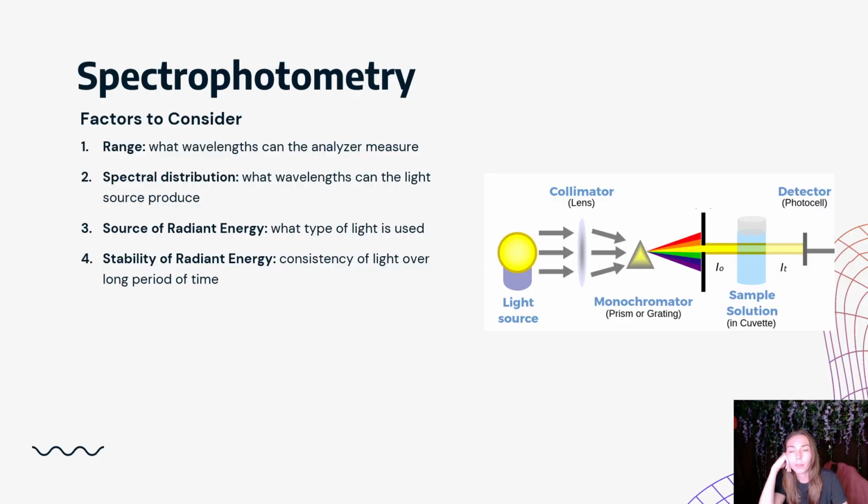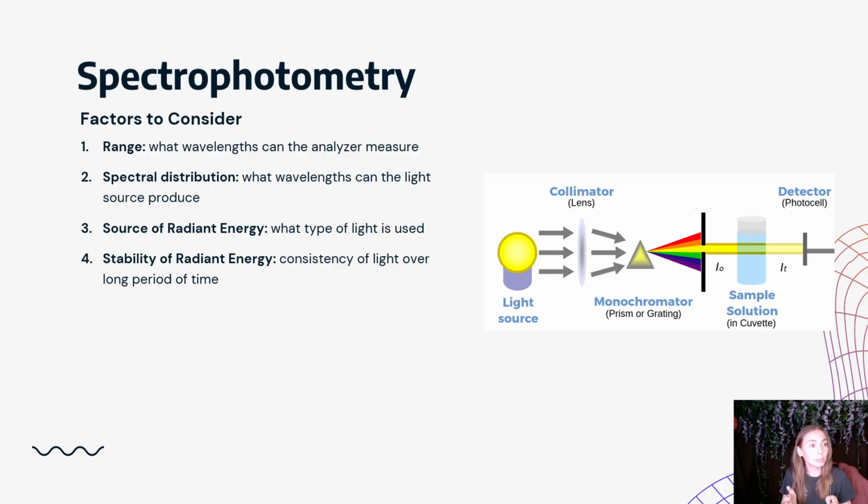What range can your spectrophotometer analyzer measure? So what range of wavelengths is your analyzer detector physically capable of detecting? The other thing that you need to worry about is what wavelengths can the light source produce? Say you have a tungsten lamp and your tungsten lamp is producing visible light.